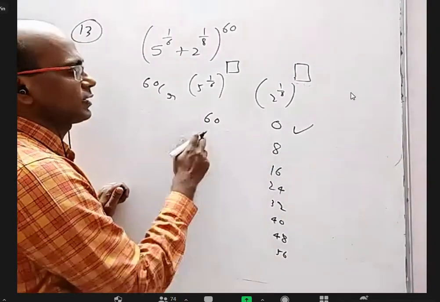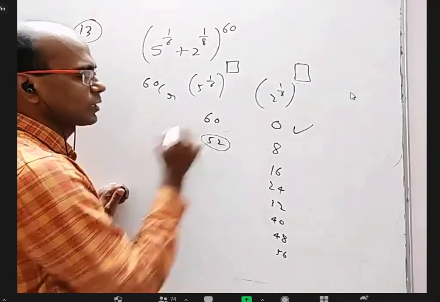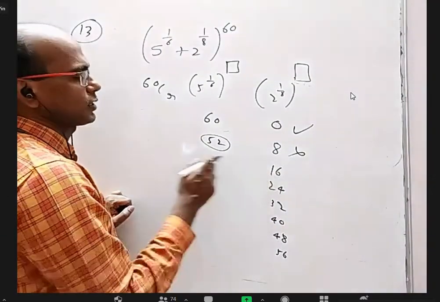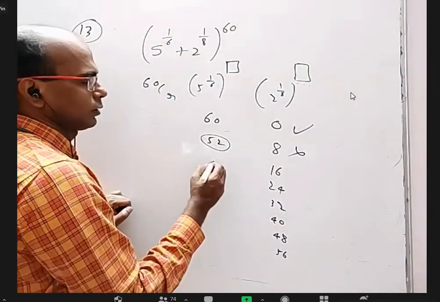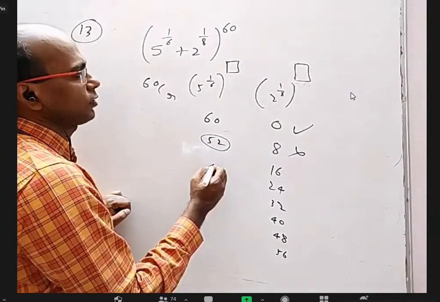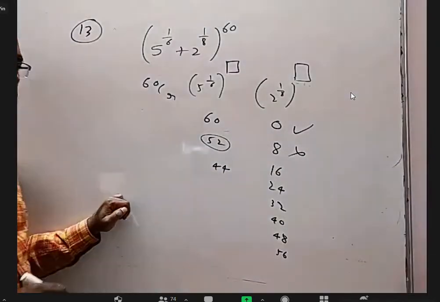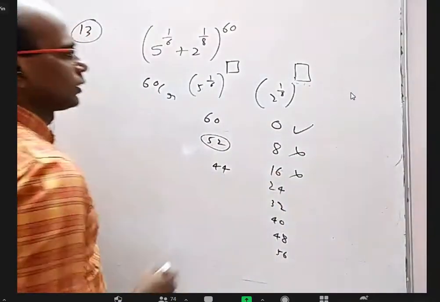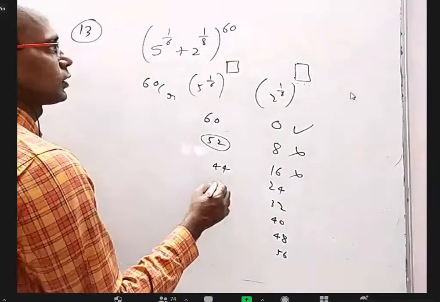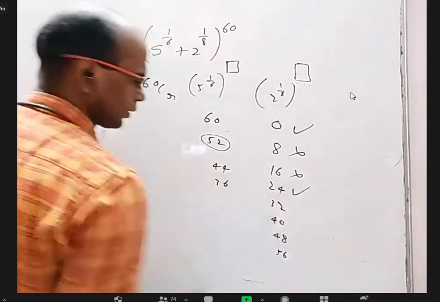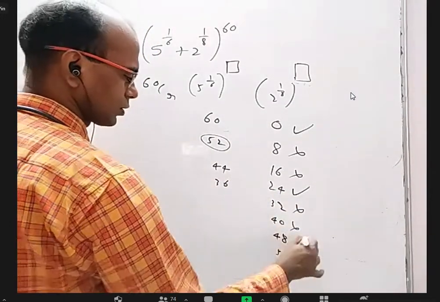But when power is 8, here power is 52. This is not a multiple of 6, right? This is not okay. And when power is 16, here we will get 60 minus 16, 44. That is also not okay. It is not a multiple of 6. When power is 24, here you will get 36. That is okay. Again, I think this is not okay, this is not okay, this is okay, this is not okay.